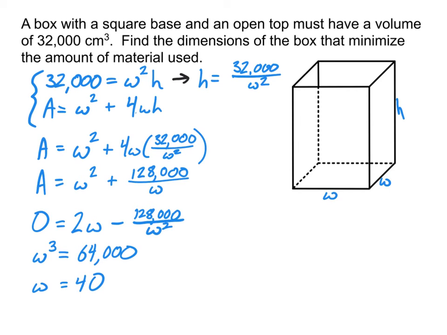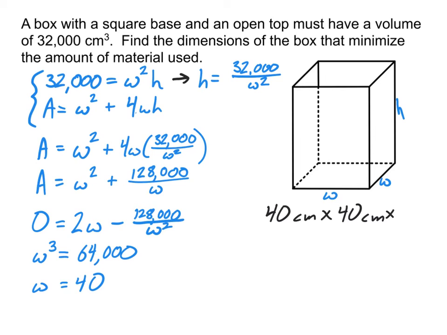All right, so we solve it through. We figure out what W equals then, and so we have W equals 40. So we know the dimensions of our box that we're asked for are going to be 40 centimeters by 40 centimeters, because notice both of those are W, by one other. And so we now need the height in there. So I need to actually plug that back in and find out what the height is.